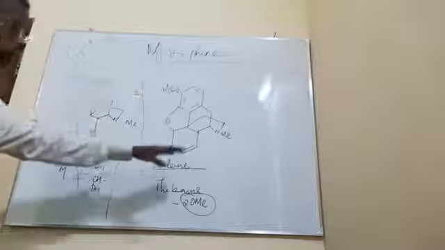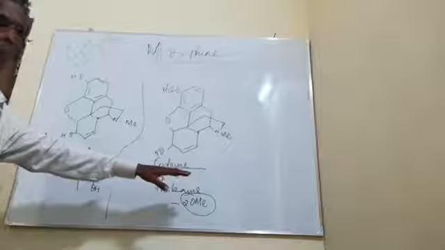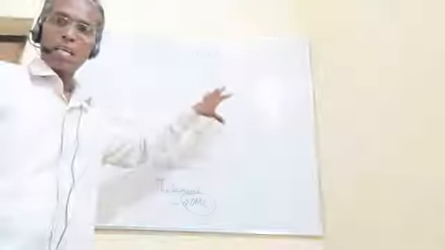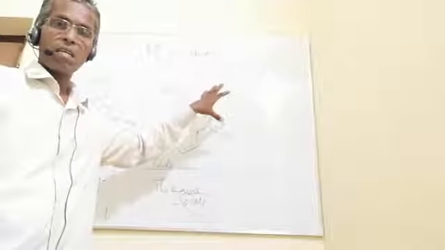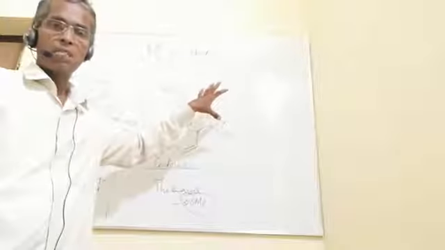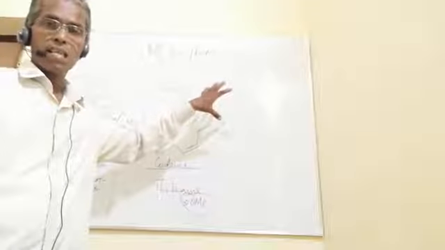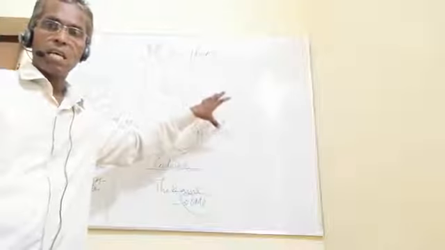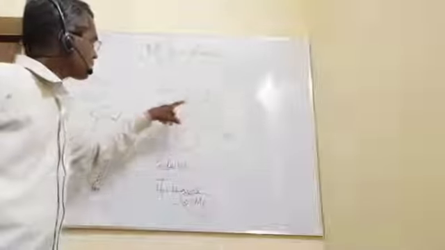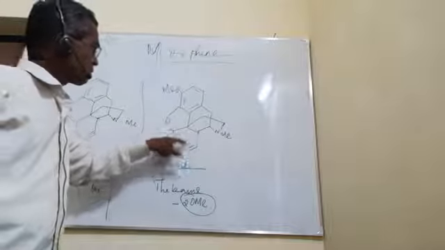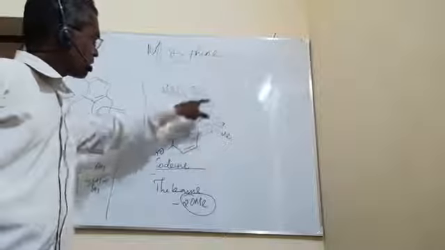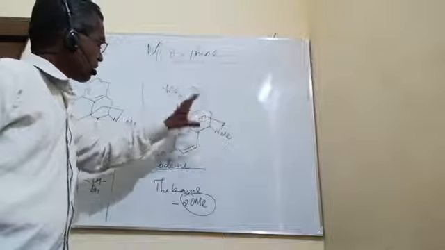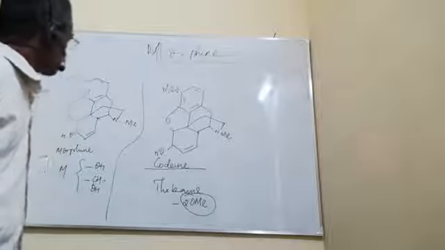In all three opium alkaloids, the basic nucleus present is the phenanthrene nucleus, a three-membered aromatic ring: 1, 2, and 3. As I told you in the last class, this phenanthrene nucleus is the basis on which all three alkaloids are constructed by nature.